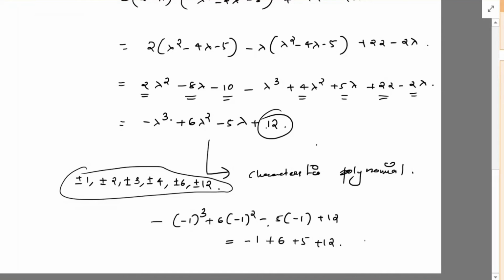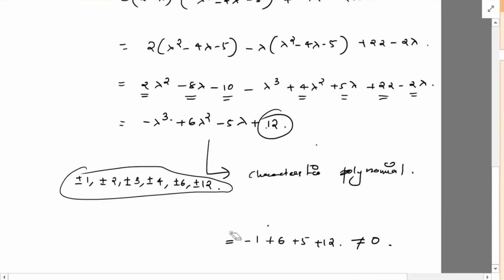It is also not equal to 0. Right? When we substitute minus 1, we will not get 0. So we can eliminate that possibility also. So minus 1 is also not a root of the characteristic polynomial. Now move on to the next divisor 2.